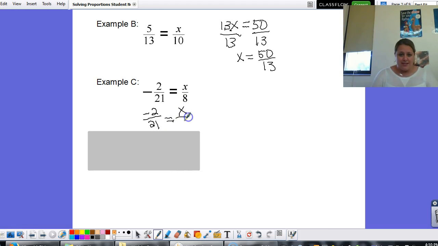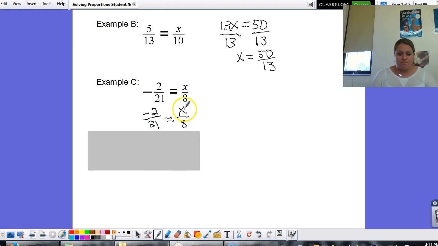Personally, I place it with the numerator, because as you read this number, you call it -2 21sts, or -2 over 21. So in my mind, the negative is with the 2. Okay, technically it's with either one, just as long as you use it once. The reason I'm saying that is as we cross multiply, you want to use that negative just once.